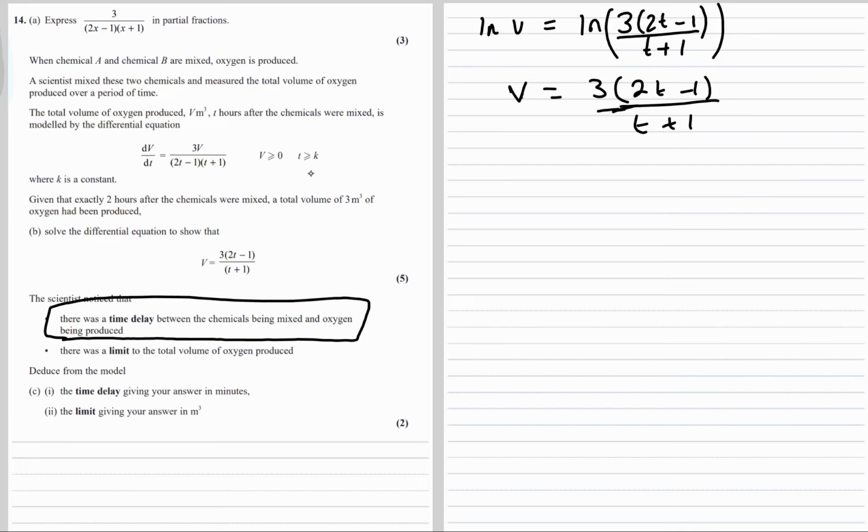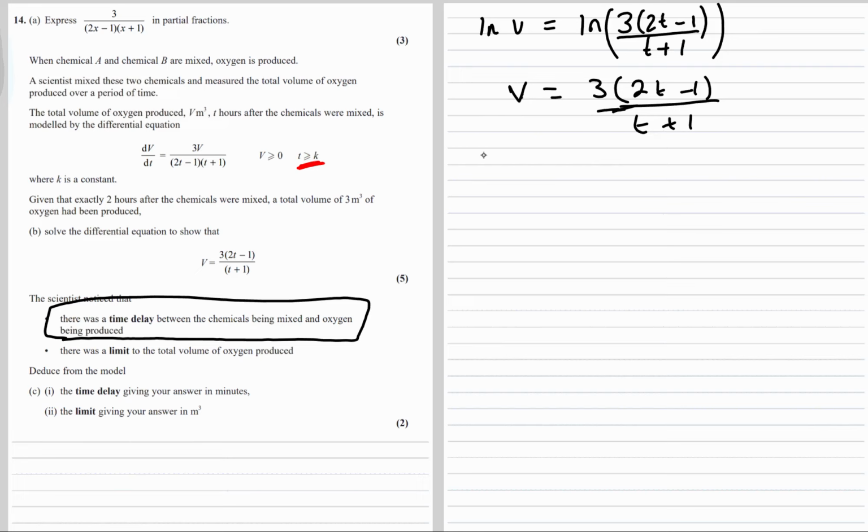So the time delay, that's why t is greater than or equal to this k we had here, where k is a constant. Because when t is 0, you're actually going to get a negative answer out. 3 times negative 1 is negative 3, divided by 1, negative 3.